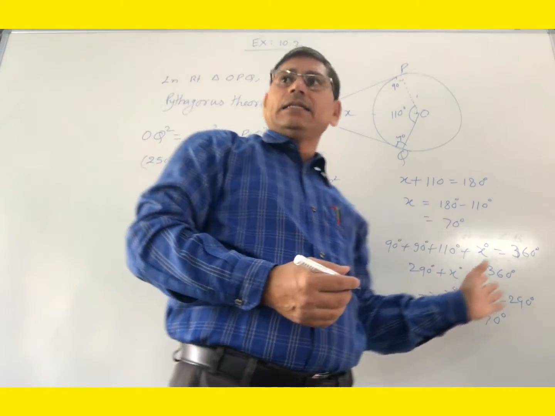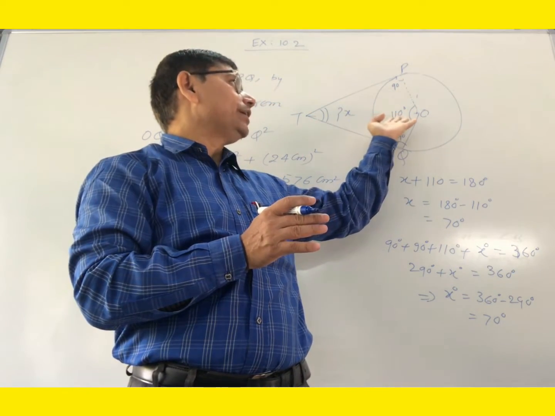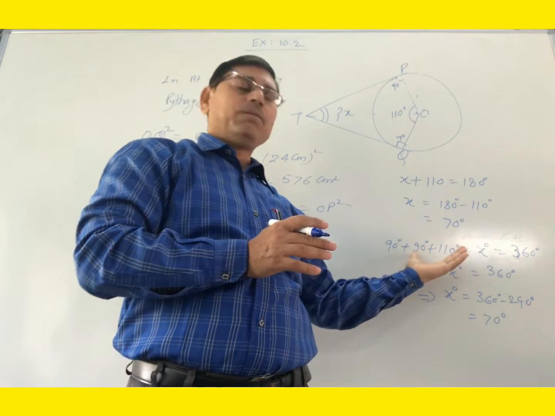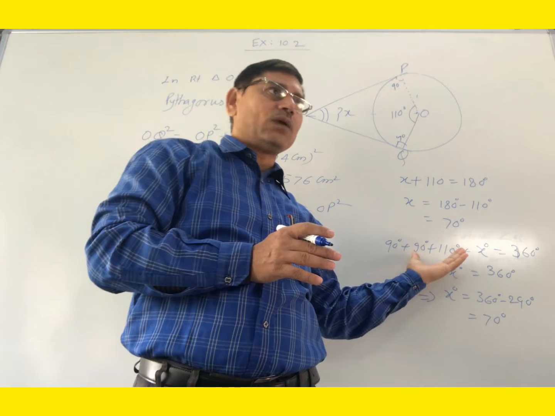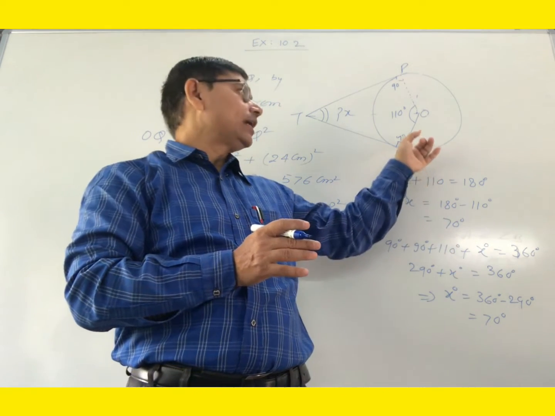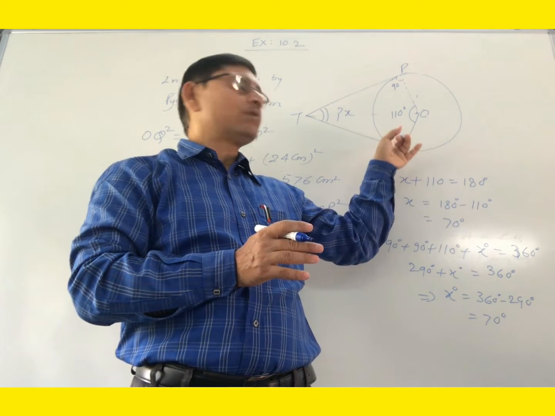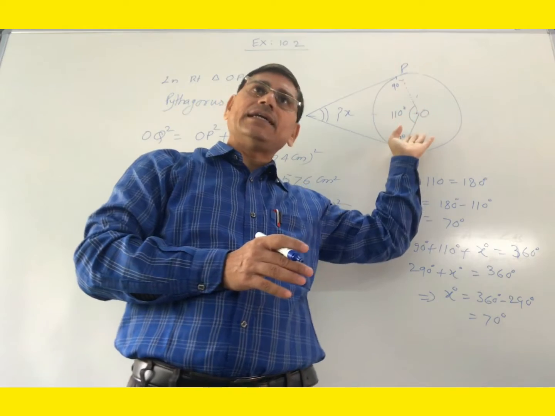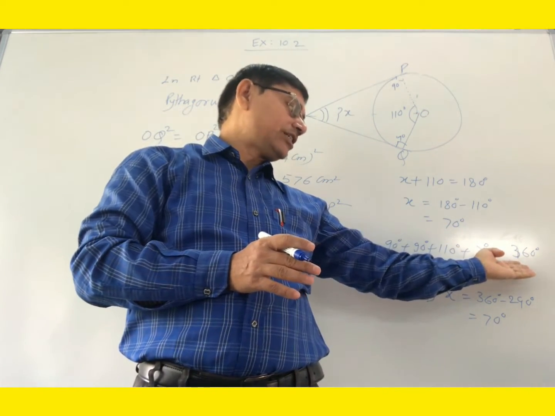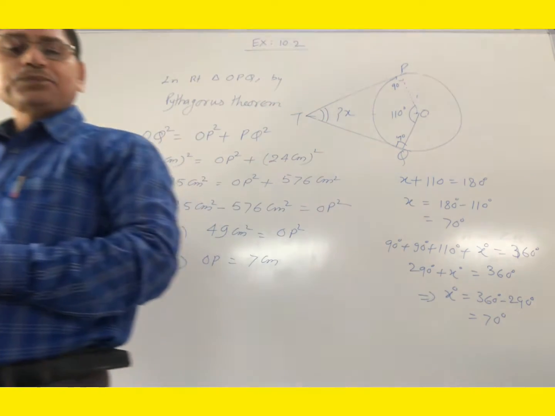So you can find the answer of this question in two ways: either subtract 180 minus 110, that is 70 degrees, or by the angle sum property in the quadrilateral, the sum of all angles equals 360 degrees, and you know already that the radius is perpendicular to the tangent. So this one is 90 degrees, this one is 90 degrees, and hence you can find that x equals 70 degrees.